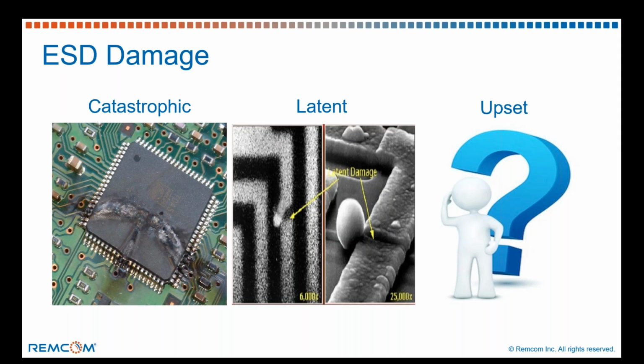An upset failure is what I kind of liken it to, is you may end up having the device still function appropriately, and there's no physical evidence that any damage occurred. So you're not going to be able to determine that it occurred. But you may have a device, maybe a semiconductor device in the device under test, which has basically been compromised by the ESD discharge.